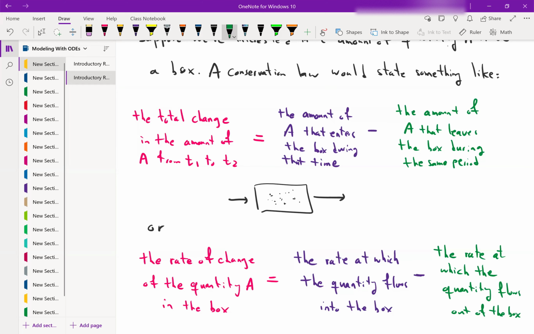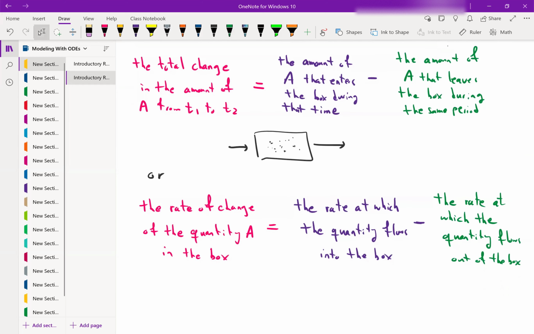For now, think of it as amount per unit time. I will be more careful about this term very soon. Unit time depends on the application. It can be 1 second, it can be 1 hour, it can be 1 day.